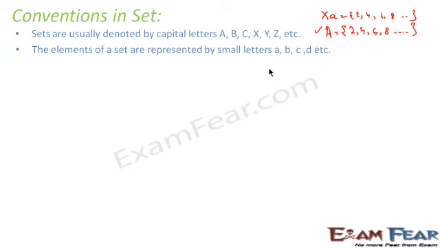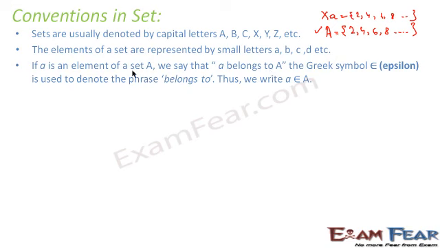Similarly, an element of the set is denoted by a small letter. For example, if a is a member of A, small a is a member of capital A, then we will say that a epsilon A. For example, when we say a is equal to 4, now we'll say a is a member of A because 4 belongs to this set A. So this is 4 and this is the whole set 2, 4, 6, 8.